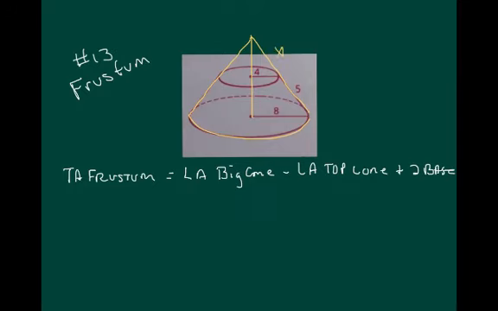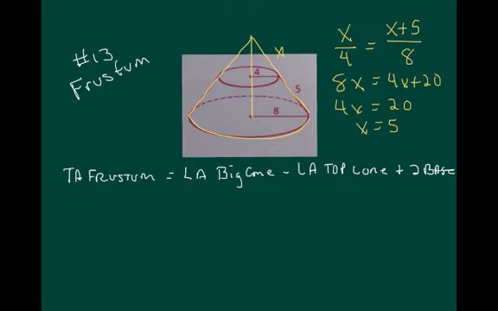So if I set up a proportion that x is to 4 as x plus 5 is to 8, I can solve that to find that the slant height of the top cone is also 5, which means the lateral area of the big cone is going to be pi times the radius of the big cone, which is 8, times the slant height, which is going to be 10.